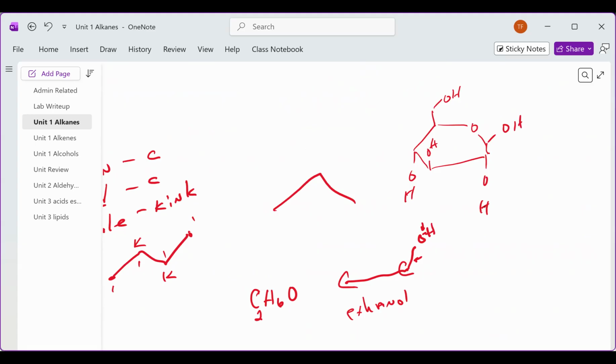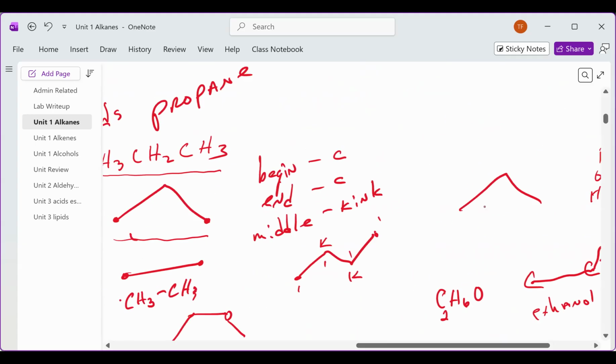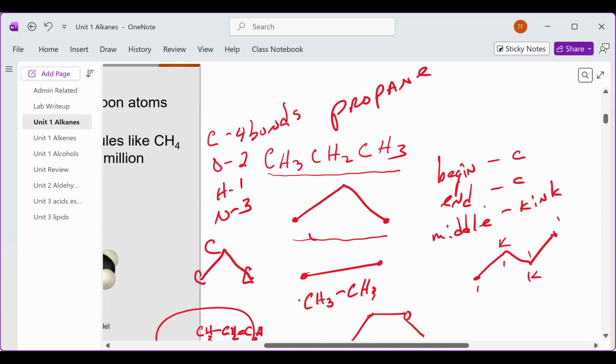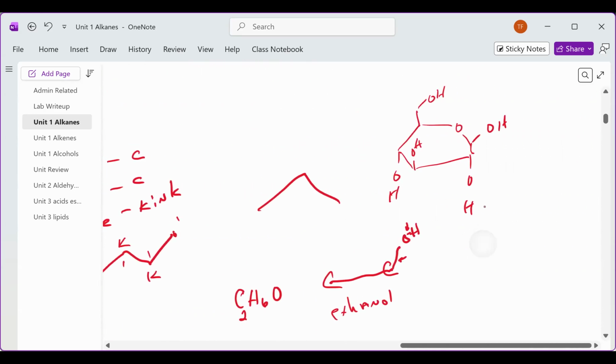Okay, you won't see glucose written like this at all with the H's in there. But this is a carbon, a kink. But notice there's only 3 bonds that carbon has. So the other bond is an H right there. But they don't write the H. It's assumed that the reader understands that carbon has 4 bonds.